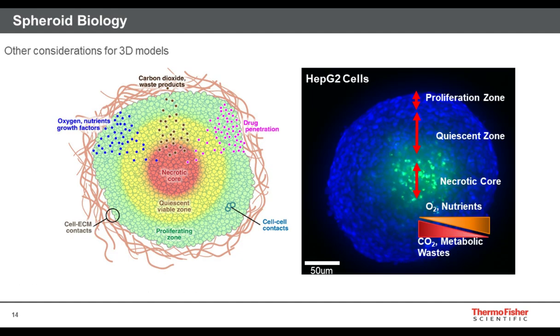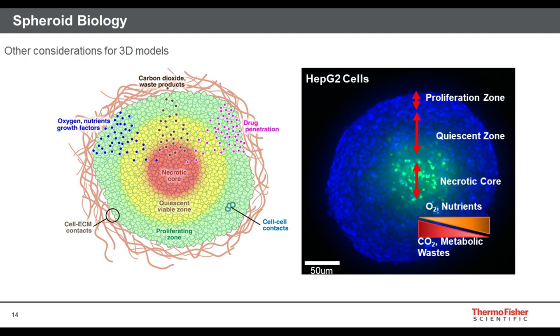Some of the other things to be aware of, and I alluded to this a little earlier on, is that these cell models are three-dimensional. They're not really in an X and Y kind of arrangement. There really is depth to these models, and so the thickness of these models also creates gradients of various types across the microtissue.